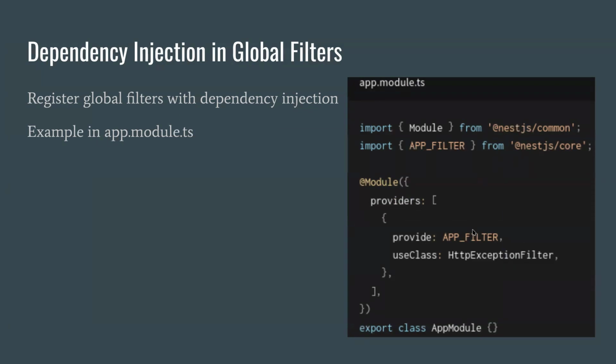This approach ensures that dependencies are properly injected and managed by NestJS. In the example shown, we are registering HTTP exception filter as a provider in the app module. This method not only allows for dependency injection, but also makes the filter globally available across the entire application.